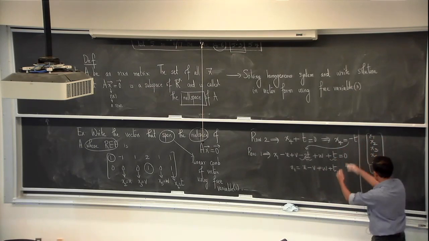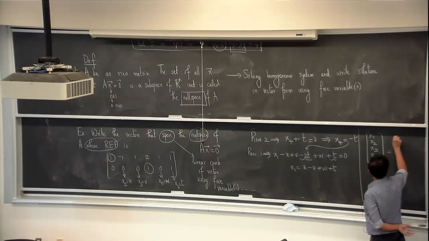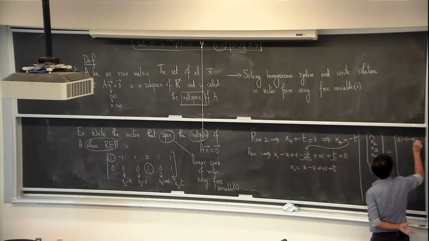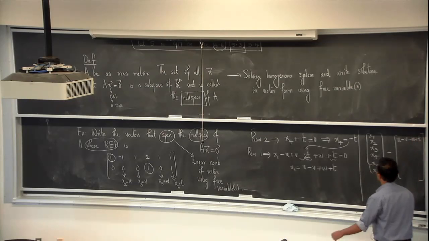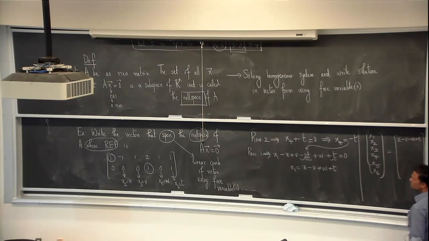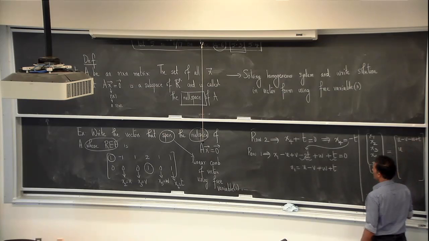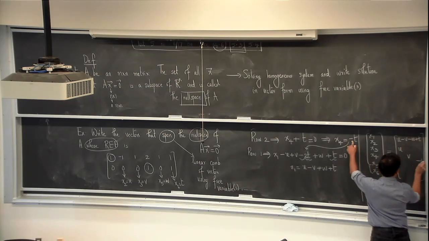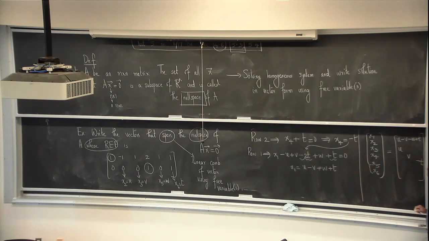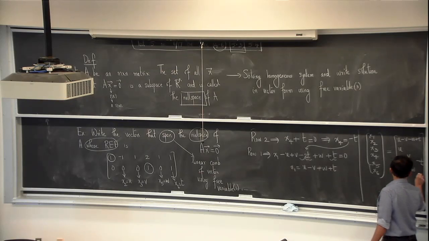So x1, x2, x3, x4, x5, x6 equal to: u minus v minus w plus t; x2 is u, x3 is v, x4 is negative t, x5 is w, and x6 is t.